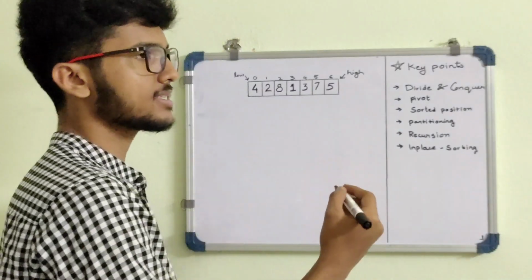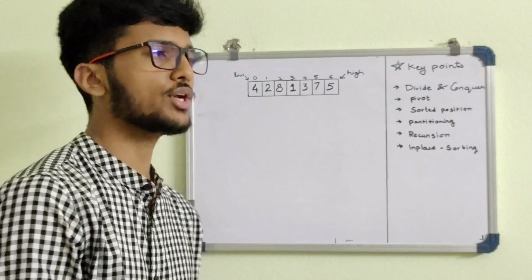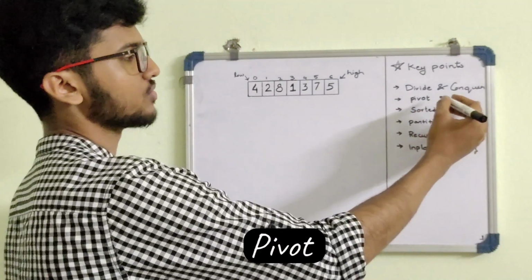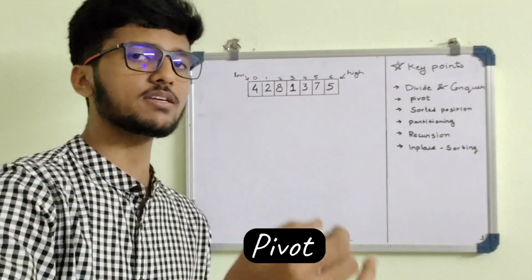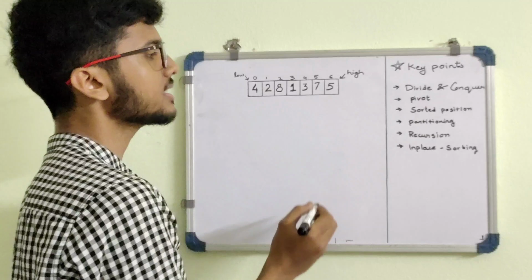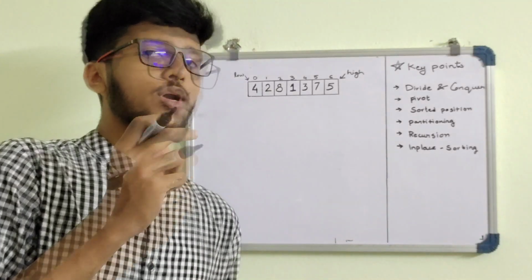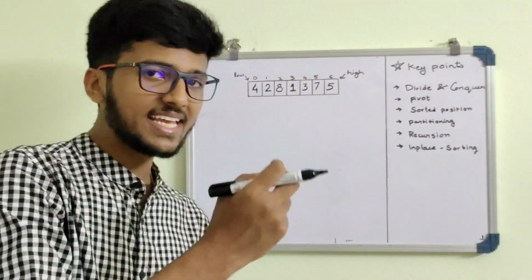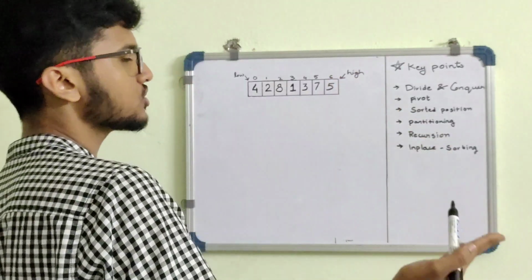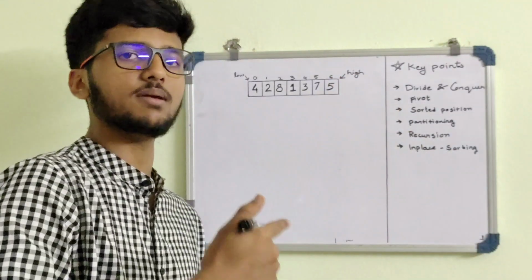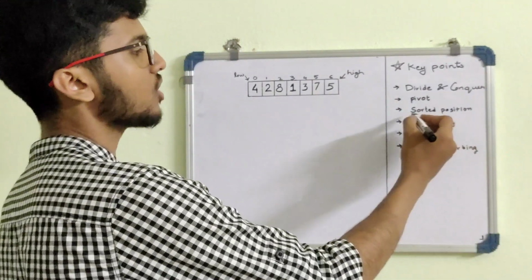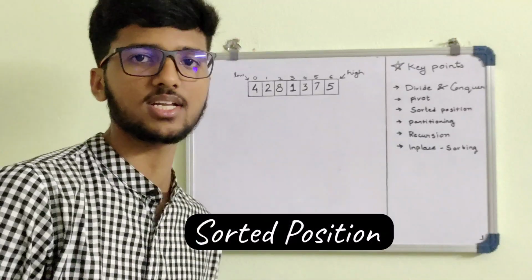In quicksort, we call the element that we select the pivot. We select that pivot element and rearrange it in such a way that all the elements on the left are smaller and all the elements on the right are greater than it. That is called the sorted position of the pivot element.